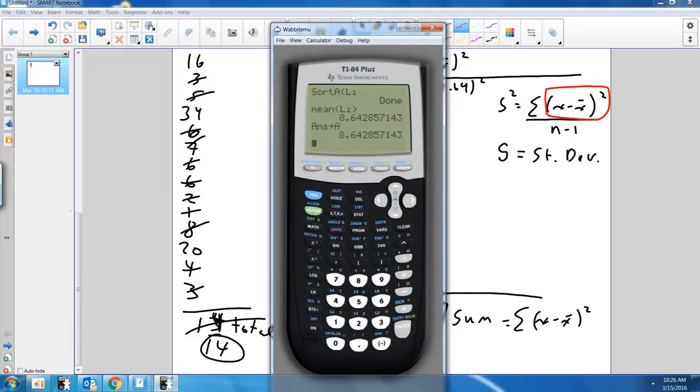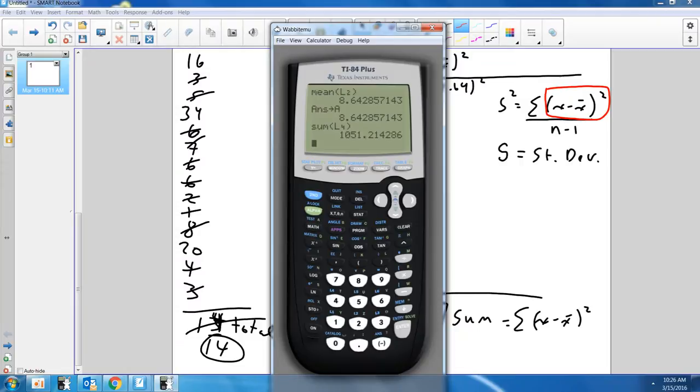I want to sum it, so I'm going to quit, and then it's going to be second stat, math, sum, just where that mean was, enter, and I'm going to sum up that list, and I believe it was L4, which was my last list that I have. And when I sum that, I get this number.